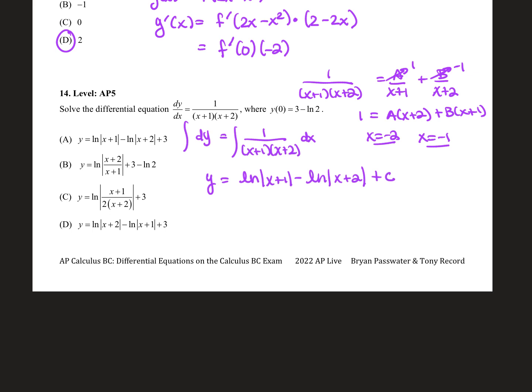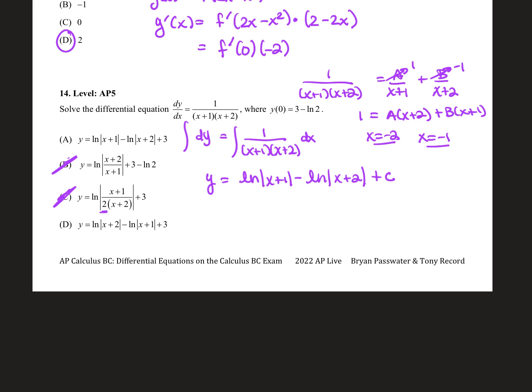So I know if I start combining it, possibly not this one, because that's going to be the wrong signs. Same here, I don't have this 2 out in front, so that's not going to be right. Now we can use our initial conditions to find c.